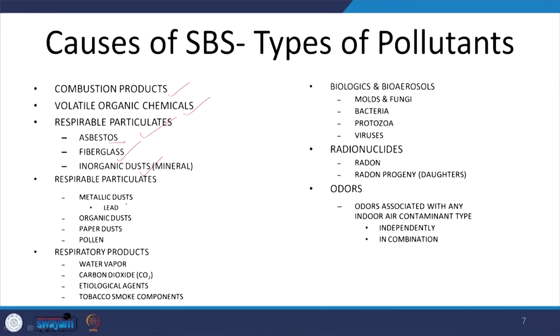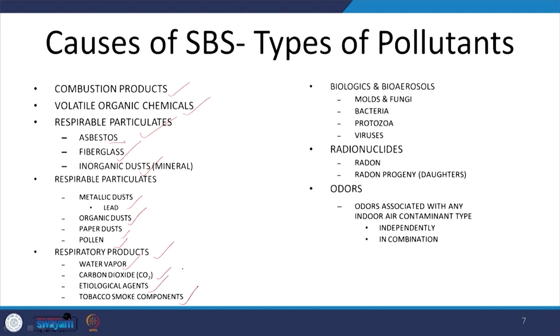We also have metallic dusts from heavy metals, dangerous metals like lead. We have organic dust, paper dust, pollens; all these are respirable particulates present indoors from different sources. We also have respiratory products, for example carbon dioxide, water vapor, etiological agents and tobacco smoke components.